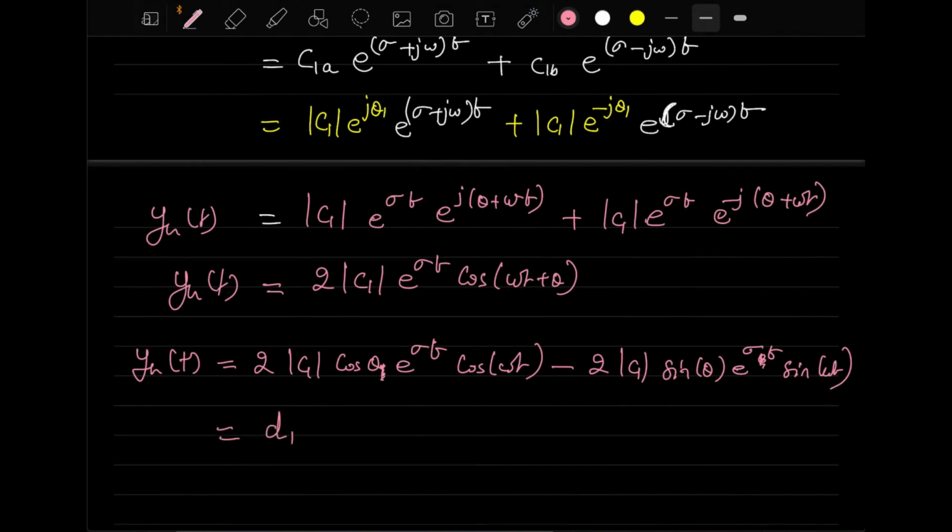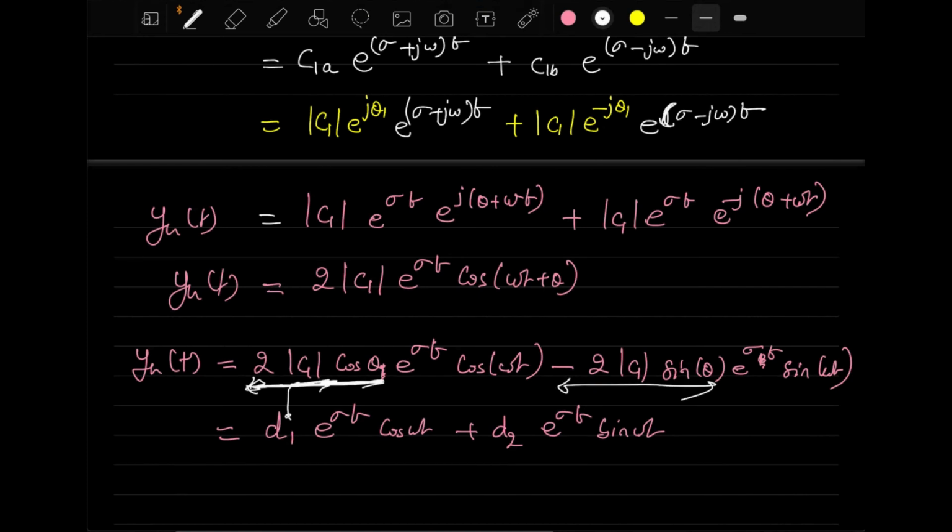Once you have this, you can write it in this format: d1 e to the power sigma t cos omega t plus d2 e to the power sigma t sin omega t. We are replacing this factor by a constant d1, and this one by a constant d2.